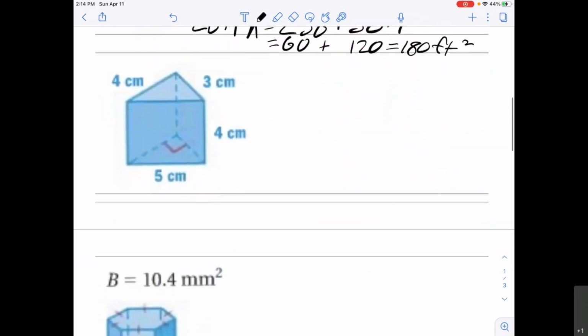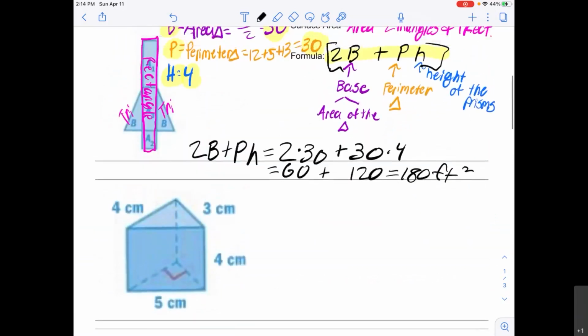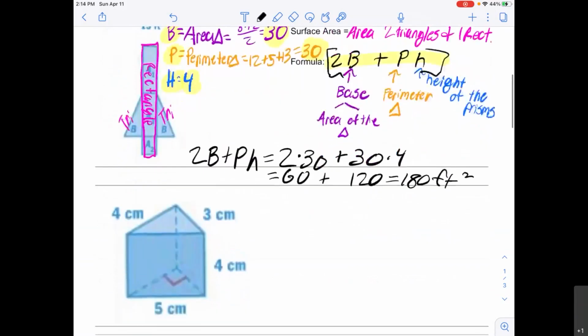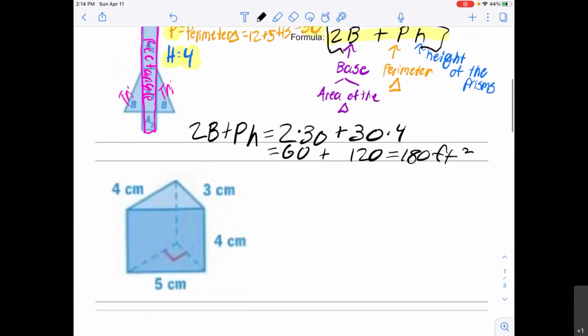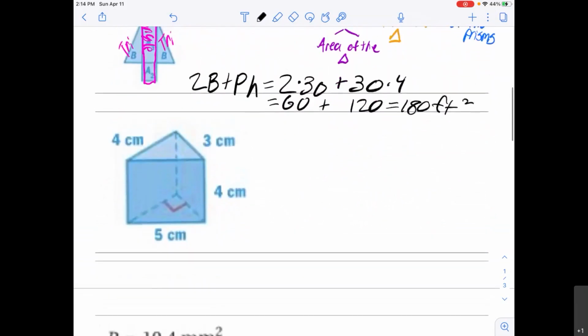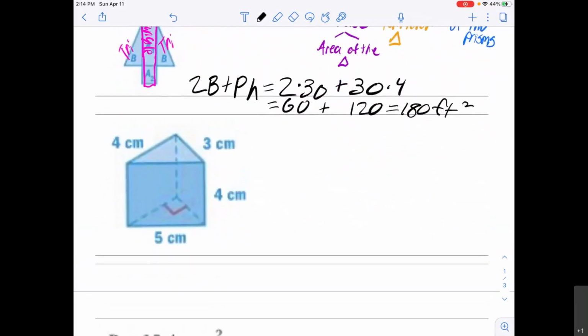So let's do another one together. If you would like to try it on your own using the formula up above, go ahead and do so. Otherwise, feel free to just continue watching the video and working this out with me. So we're going to be using, once again, the formula 2 times the base plus the perimeter times the height.